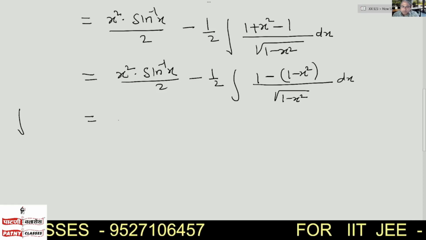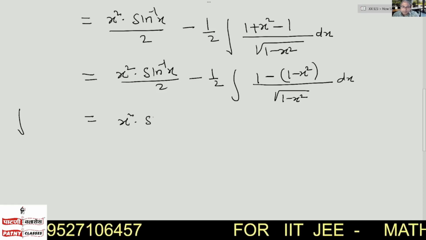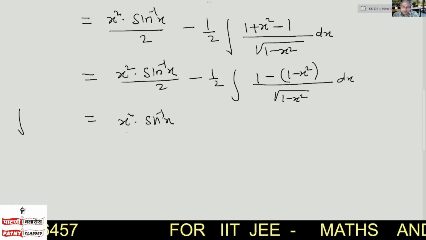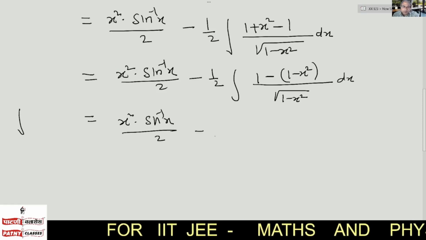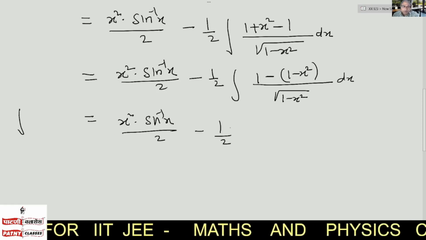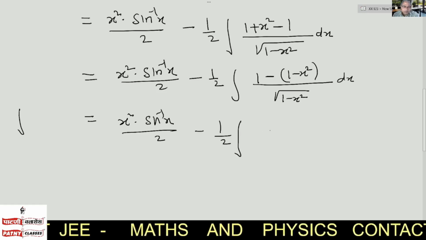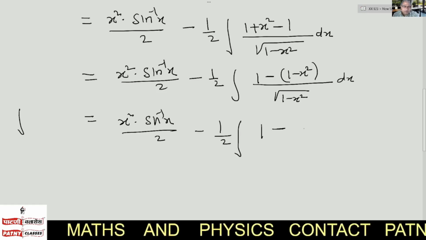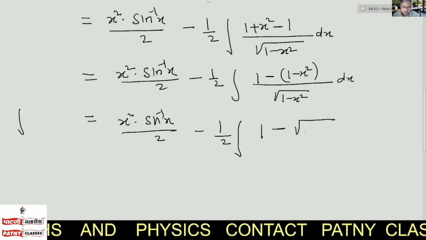Equals x square sine inverse x upon 2 minus 1 by 2. Here again, 1 minus x square is there, that can be written twice in the square root.